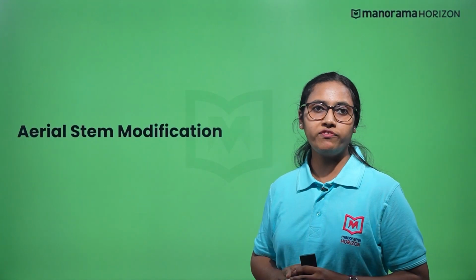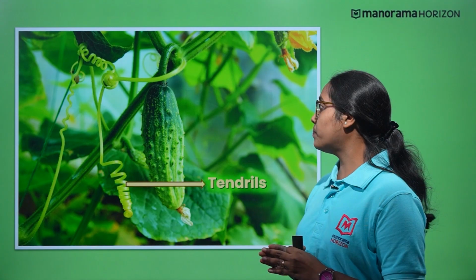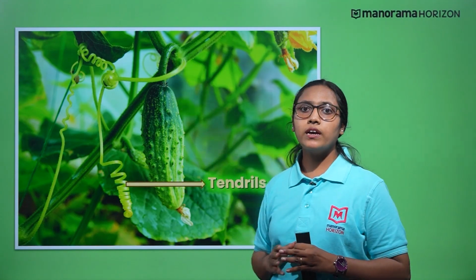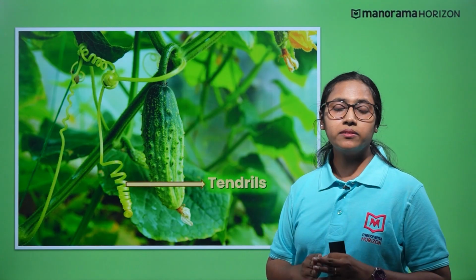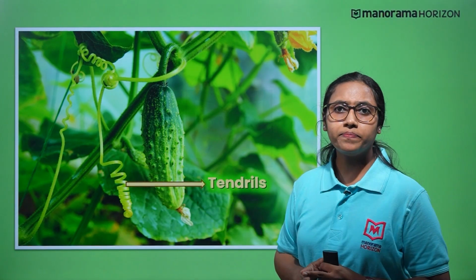In some plants, the aerial stem and buds are modified for climbing, protection and food synthesis and is called aerial stem modification. Can we find some examples of such modification? Let's find. You can see in the image the axillary bud of the cucumber stem contains a slender, spirally coiled structure called tendrils.